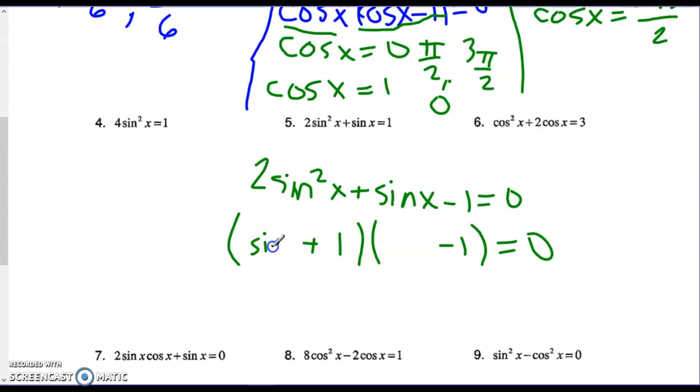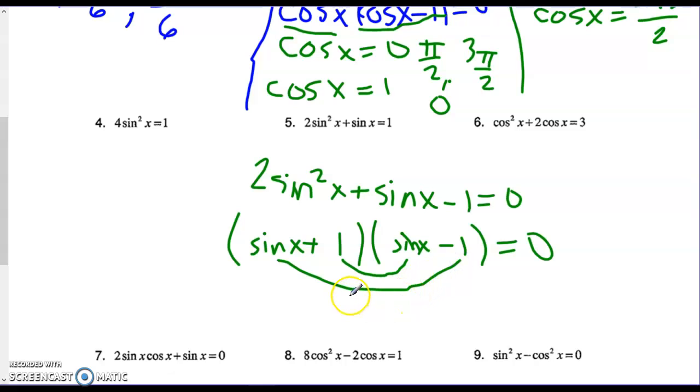So I definitely have a sine of x for each term, but I need to determine where the 2 goes. Where the 2 goes will make a big difference, because I want to make sure the sine of x is positive. To make sure the sine of x is positive, we check with the inner and outer terms. The inner terms right now give me a positive sine of x. The outer terms give me a negative sine of x.